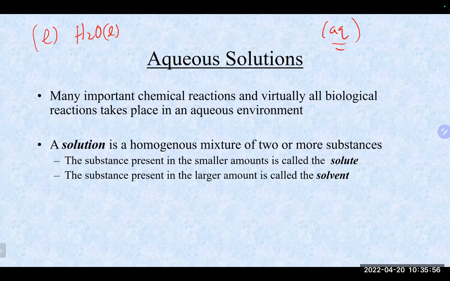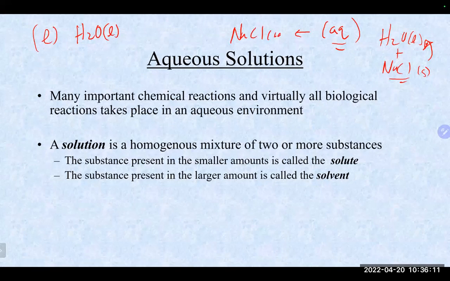If you took water and added some, say, sodium chloride to it, the sodium chloride would dissolve in the water and make a sodium chloride solution that would get the aqueous symbol. So that is the difference between something that has the L symbol and something that has the aqueous symbol.